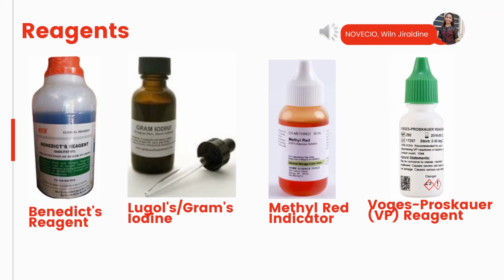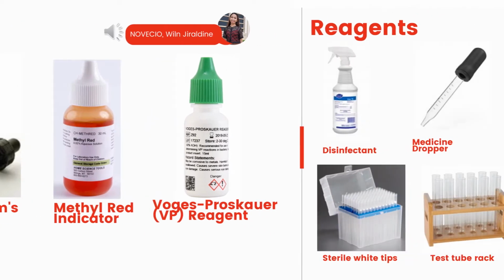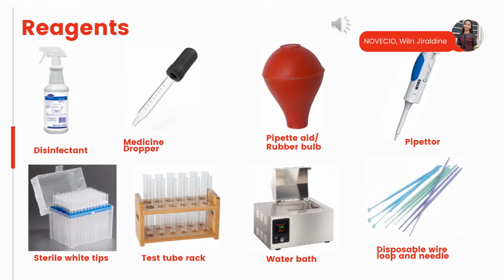These are the reagents used in this exercise: we have Benedict's reagent, Lugol's or Gram's iodine, methyl red indicator, and freshly prepared Voges-Proskauer or VP reagents. These are other materials used in this exercise.